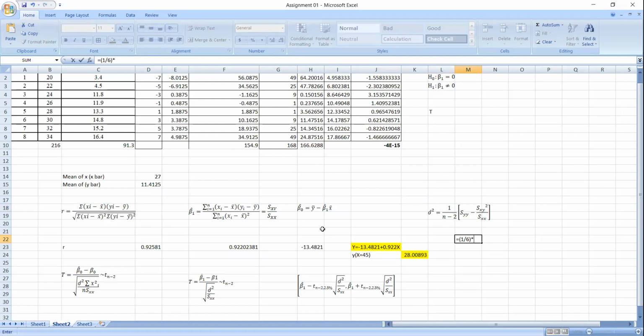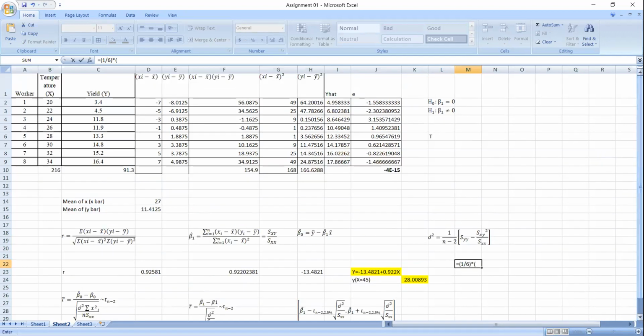That we have to multiply by, first one is Syy. Syy value means the summation of yi minus y bar squared. So yi minus y bar squared we have calculated, and if you take the summation of that column, that would be 166.6288. So that we can substitute, right?